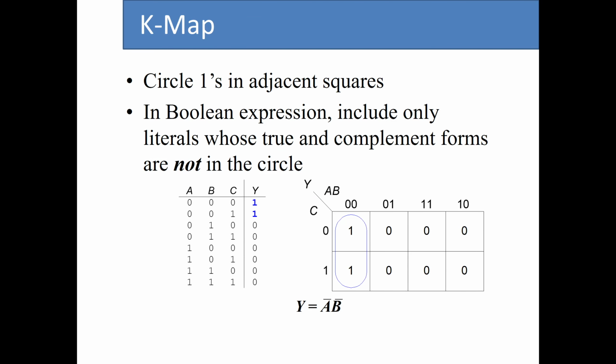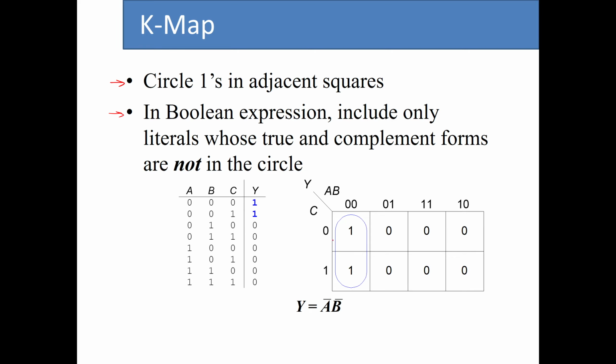So what we do for using the Karnaugh map to simplify or minimize the Boolean equation, we first circle the ones that are in adjacent squares, and then for representing the function in Boolean expression, we only include literals whose true and complement forms are not in the circle. So this is a more sophisticated way of what I said before.